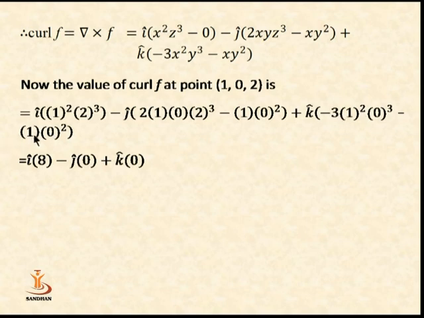Thus we get 8i minus 0j plus 0k. Thus we can also write (8, 0, 0). Thus we get that the curl of f is a vector function, which is a vector quantity.